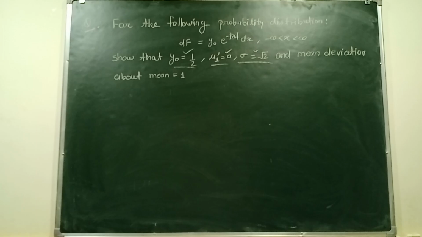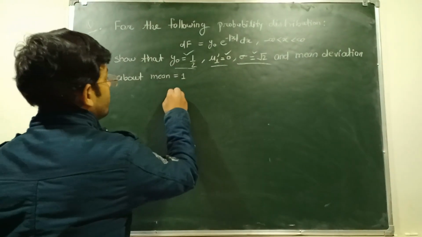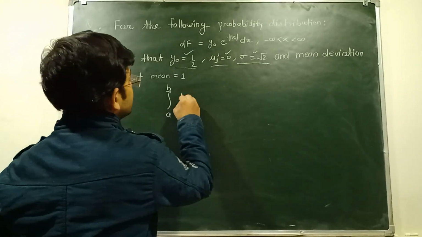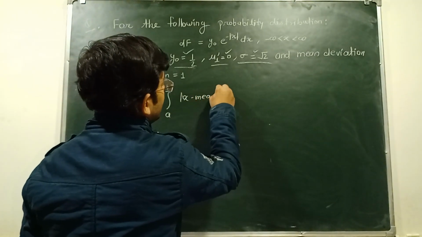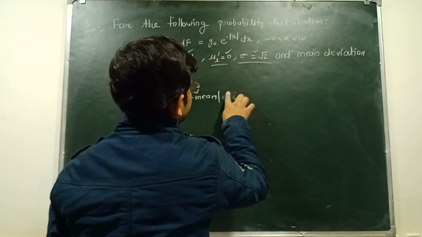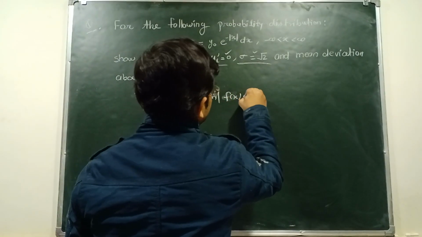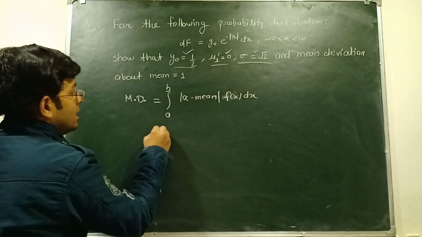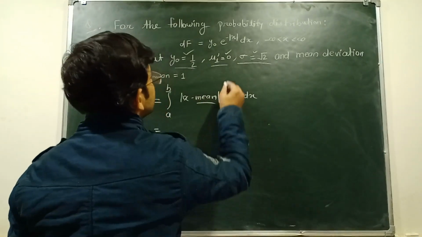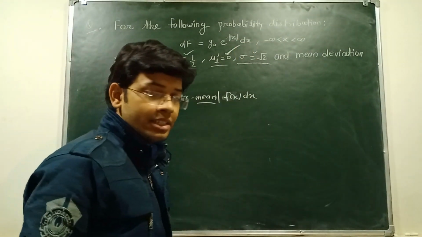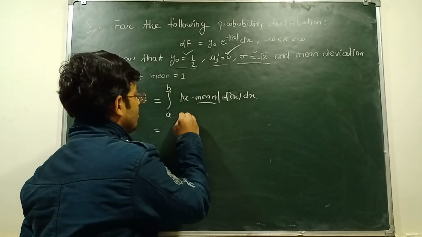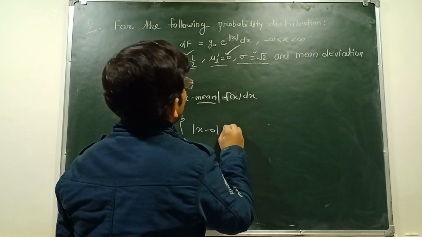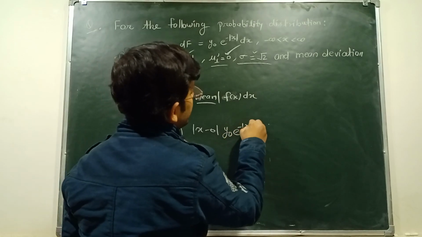The mean deviation formula is the integral from A to B of mod x minus mean times fx dx. Mean is already given in the question, so we write here x minus 0, and fx is also given, y0 e to the power minus mod x dx.